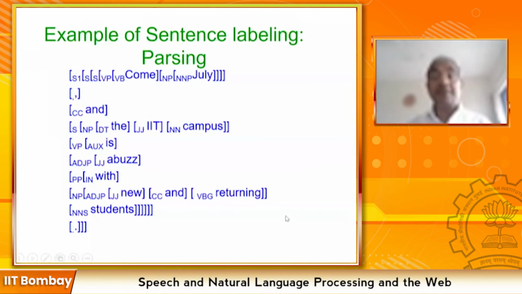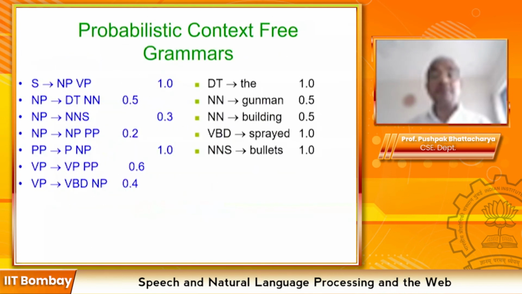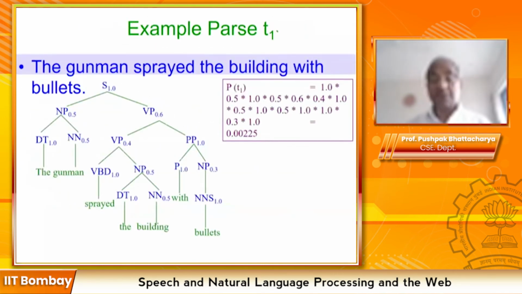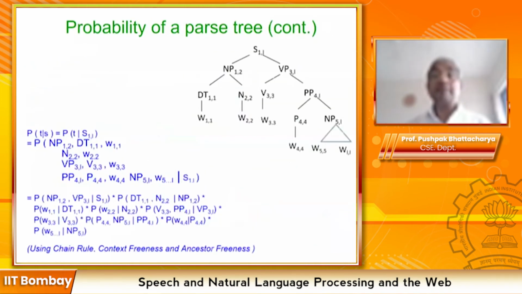In probabilistic parsing, we are interested in the probability of the parse. The probability of the parse is obtained by multiplying the probabilities of the grammatical rules.